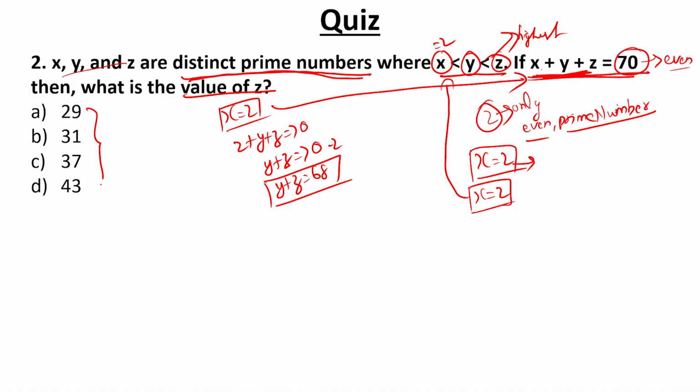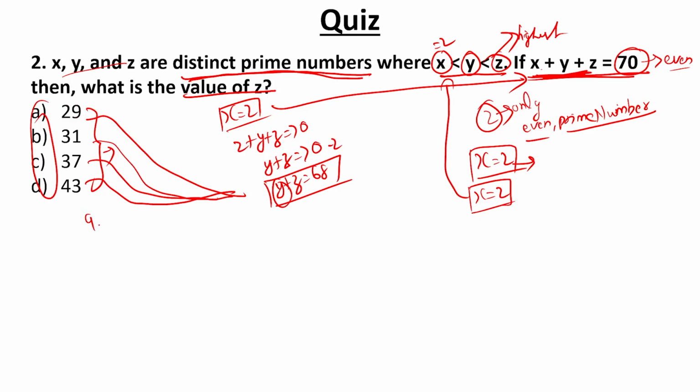Here, these are nothing but the values of z. Now I am going to substitute each and every value of z in this equation in order to find the value of y, because if we get the value of y, we can easily tell which value is z among the four options.